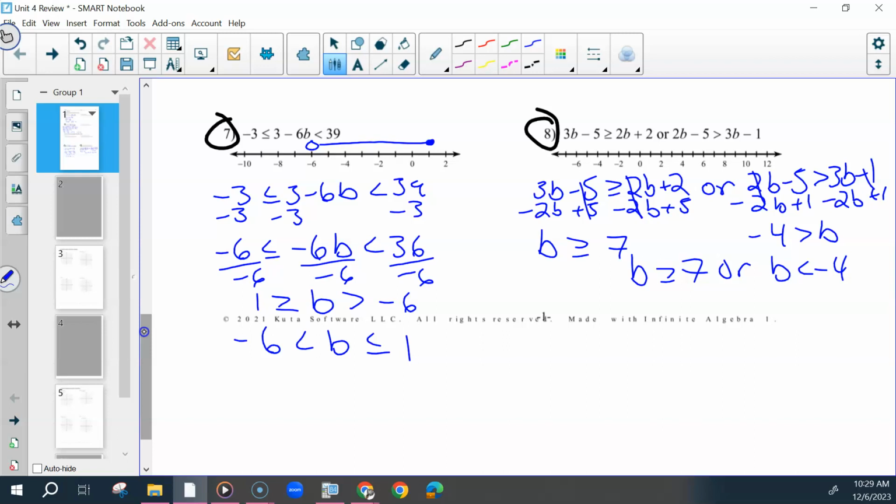Whether you put this least to greatest is up to you. Both of them are going to be graphed. B is greater than or equal to 7 would be closed to the right. B is less than -4 would be open to the left. All of your ors should look like that, going opposite directions. And goes together, which is why it's towards each other.